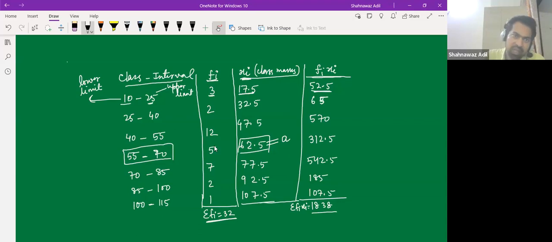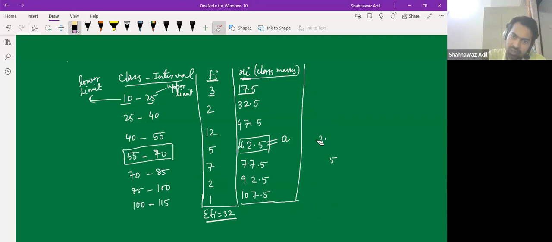Then you make another table, and this is called di. di is the deviation, which is written as xi minus a.